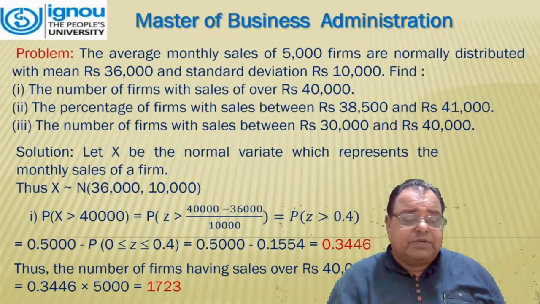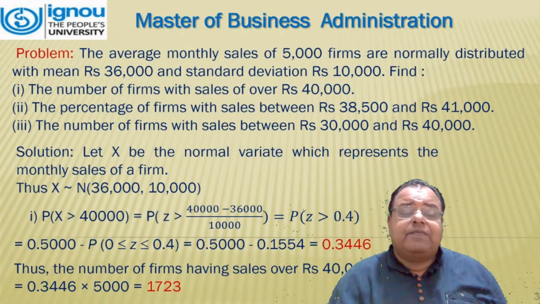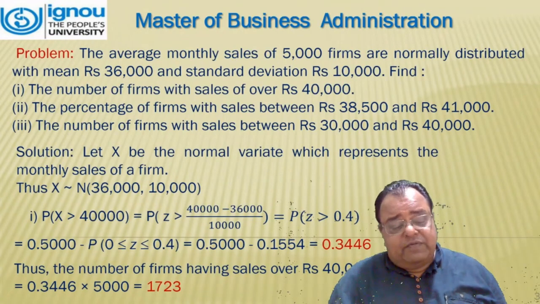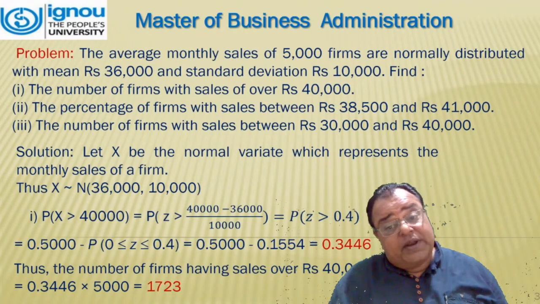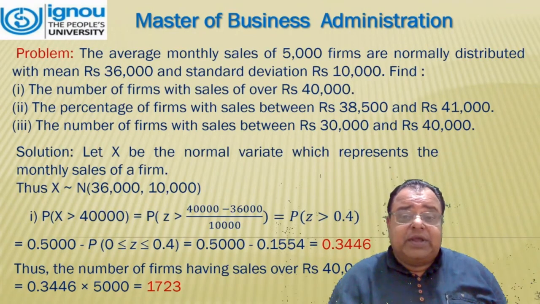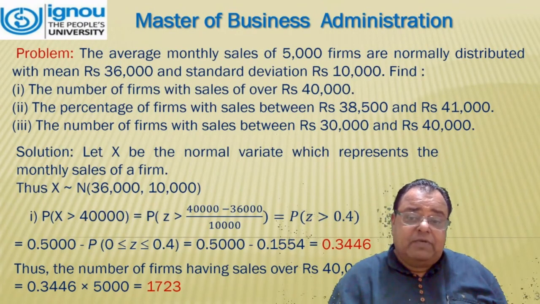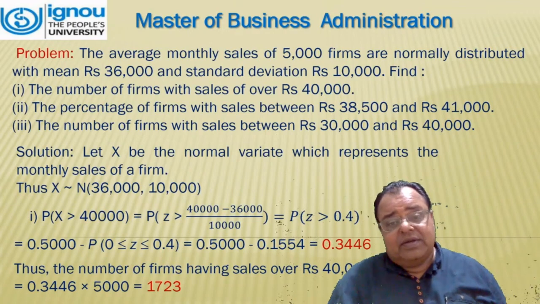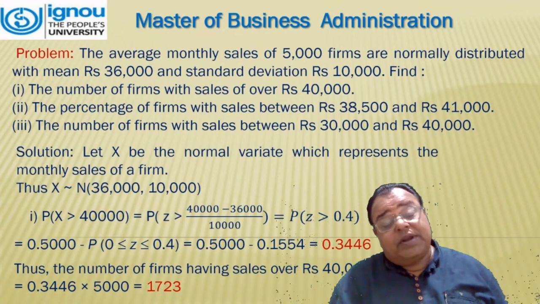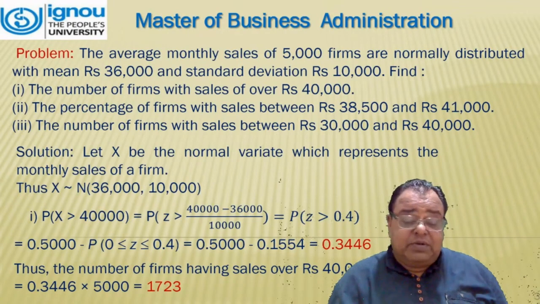Now, going back to the statement of the problem, we are supposed to find the number of firms with sales over 40,000. That means you have to find the probability of X greater than 40,000. Now, how is it written in normal distribution form?